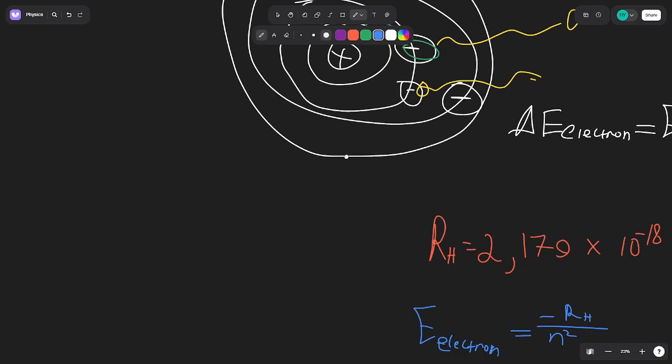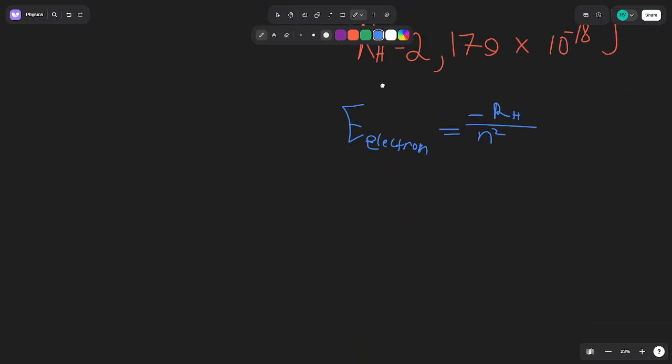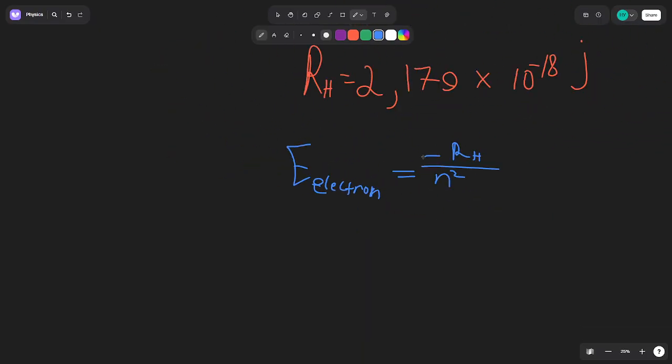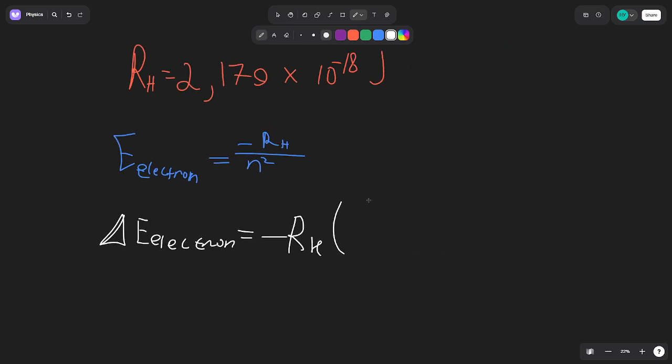Or we can modify it and find the change in energy level then. So you see the formula, and this is for an electron, and now we will estimate an equation for the change in electron energy. Change in electron energy equals negative RH times 1 divided by n final squared minus 1 divided by n initial squared.